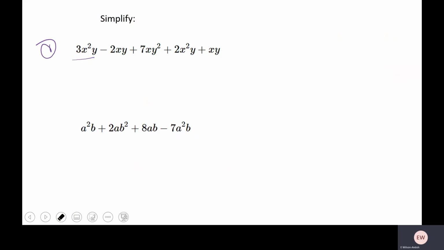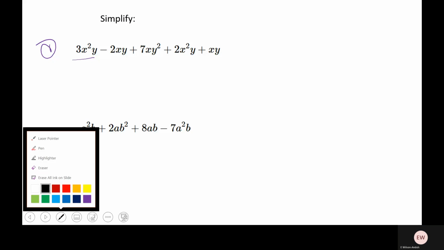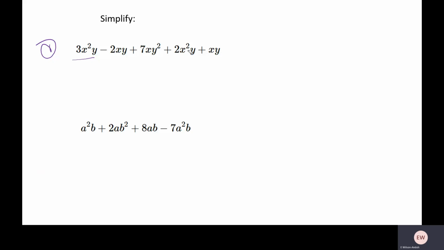Now the third term, we do not have it, so the third term is also not a like term. We move on to the fourth term. Now in the fourth term, we have x squared y, which is the same as x squared y in the first term. So we are going to have these two to be like terms.